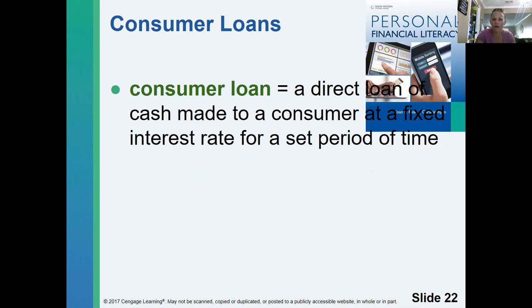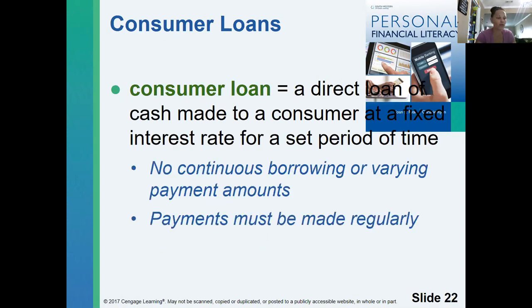And so they're going to give you cash. But your interest rate is going to be set and your repayments are going to be set. So payments must be made regularly and there's no continuous borrowing. Like you get that $5,000 and it's a one and done kind of thing. And there's no varying payment amounts.